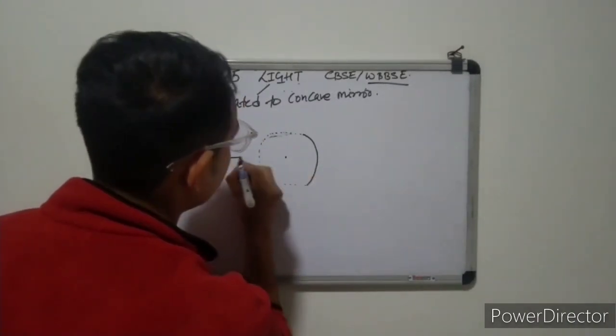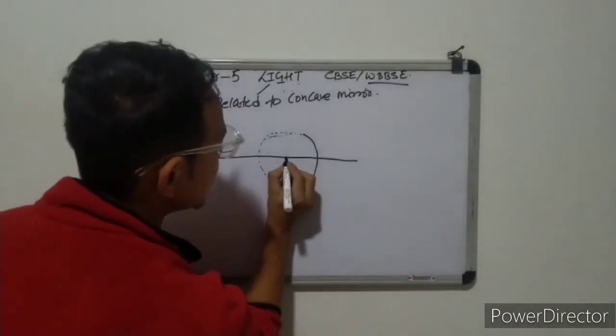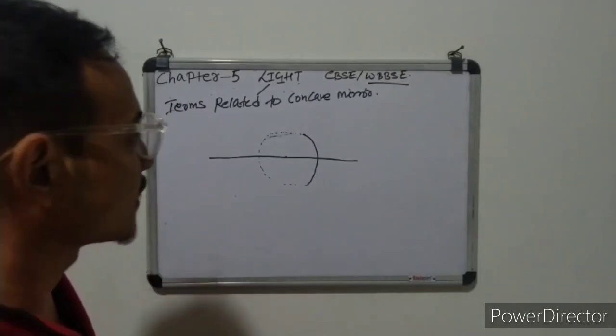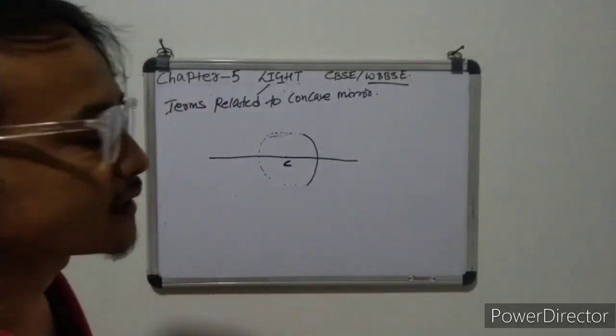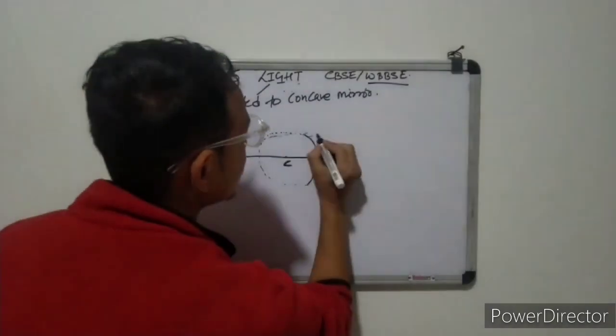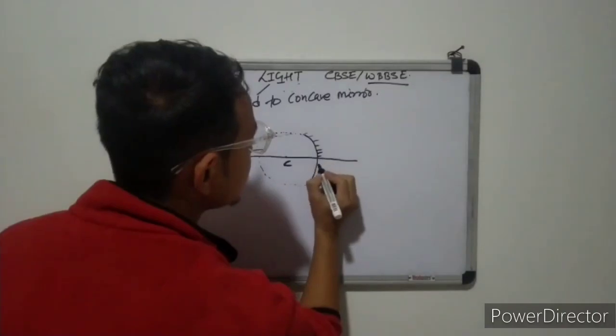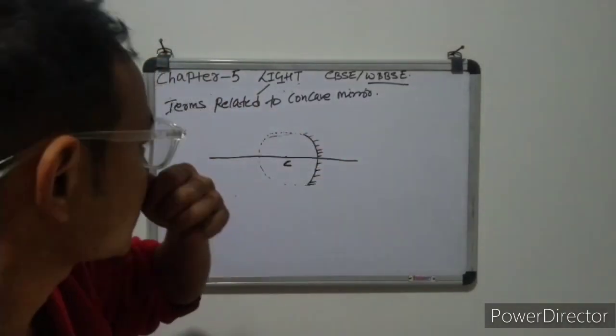So we will learn the terms related to the concave mirror. This is the center of this imaginary sphere, known as the center of curvature, because it is the center of the sphere of which the given mirror is a part. Here it is a concave mirror, plotted with silver and black paint, so light cannot pass through from that side.